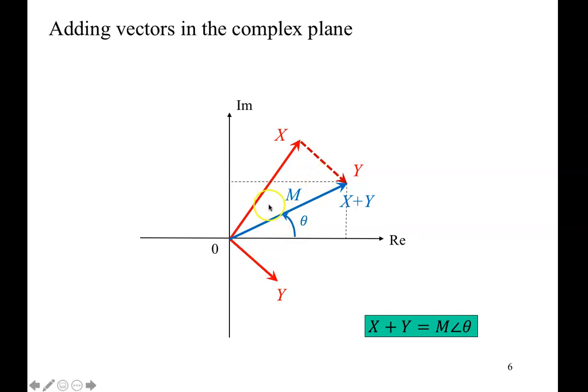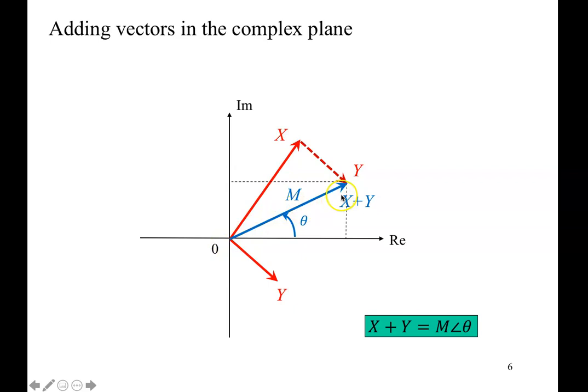Either you draw a parallel line to the Y over here, and you draw a parallel line here to the X. Then what's in the diagonal of that shape is your answer.